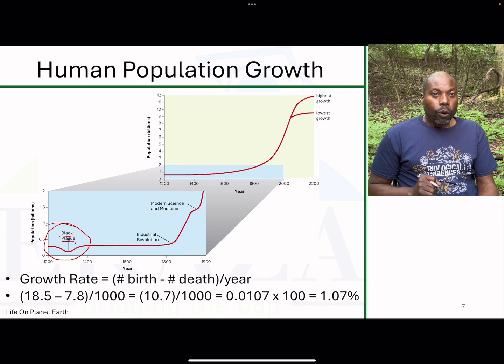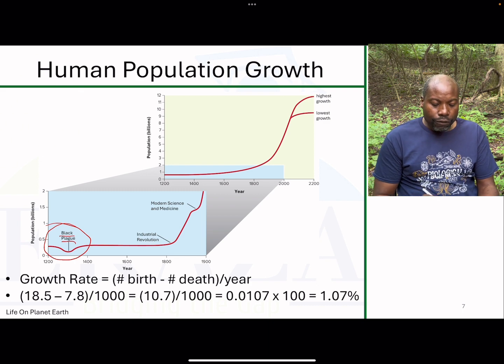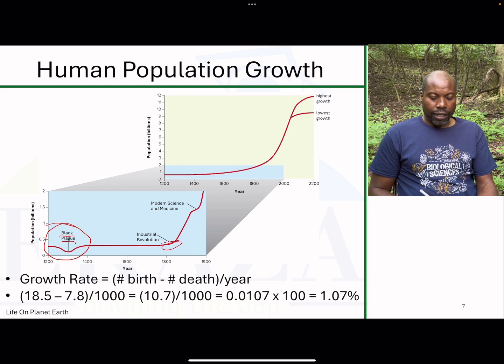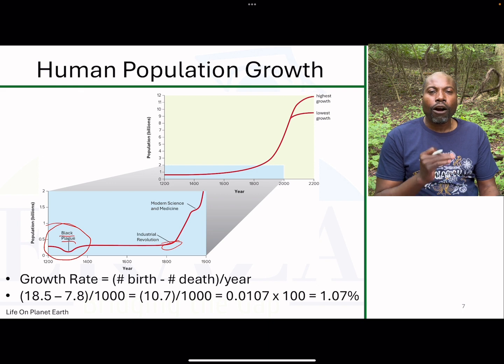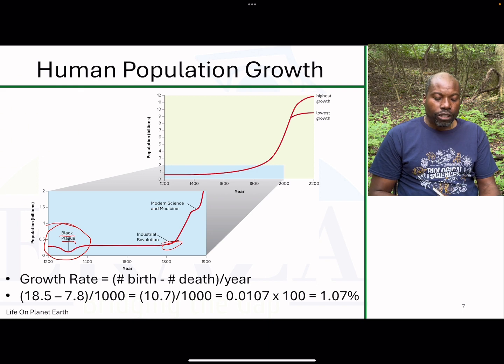Then we had the Industrial Revolution in the 18th and 19th centuries. The Industrial Revolution actually changed the quality of life of humans tremendously. Therefore, the human population started increasing.